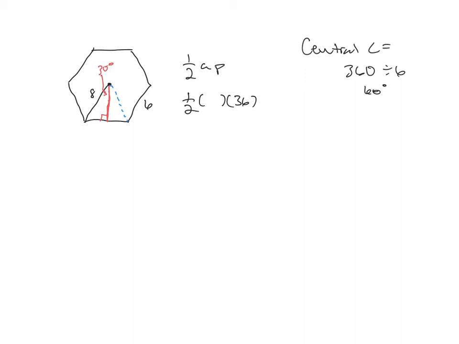And I kind of messed up by just making up numbers on this one because the 8 doesn't jive with the 6. So we're going to end up changing the 6 to an 8, and I'll explain why in just a second. Because a 30, 60, 90 triangle, we have relationships, remember?